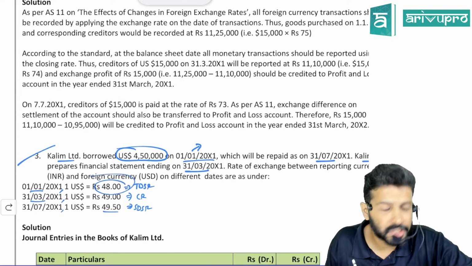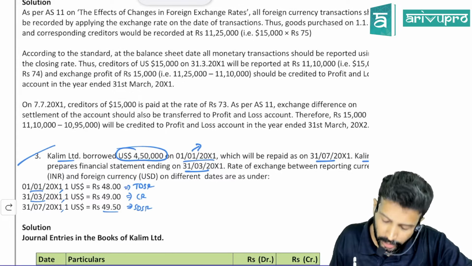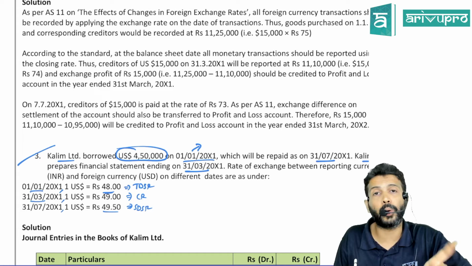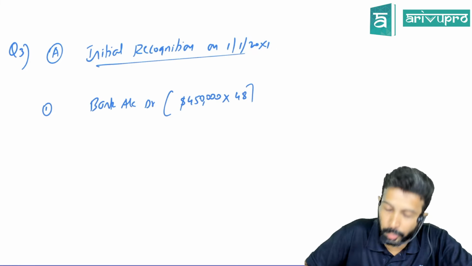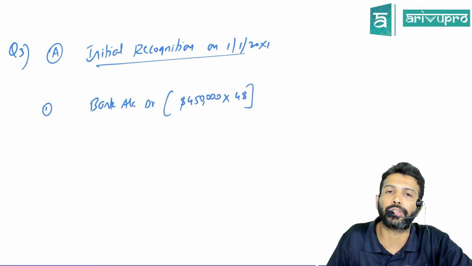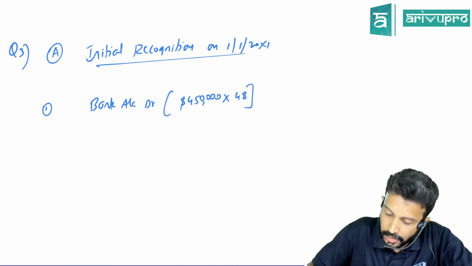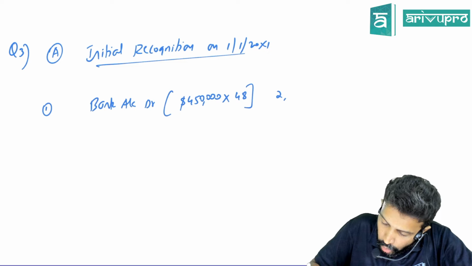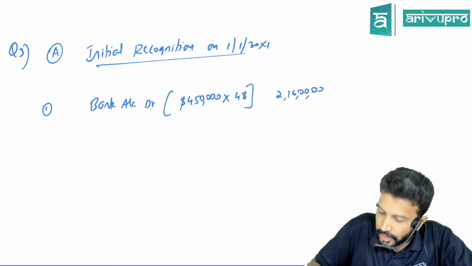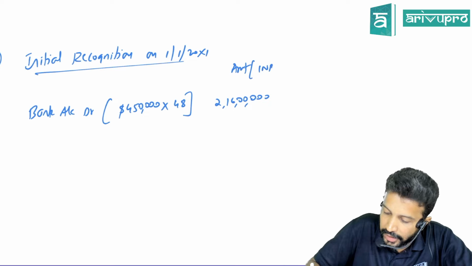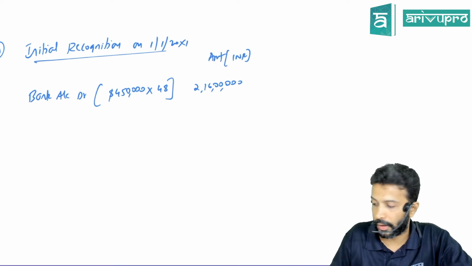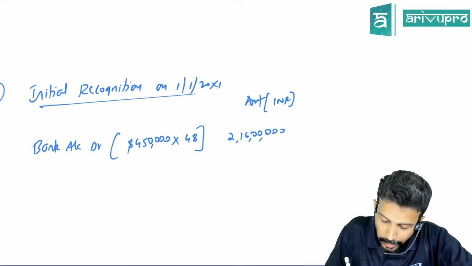Because this is a transaction, we need to use the transaction date spot rate. So $1 is equal to 48 rupees. Then $4,50,000 is equal to how much? 2 crore 16 lakhs. This is the amount in Indian rupees. Okay.